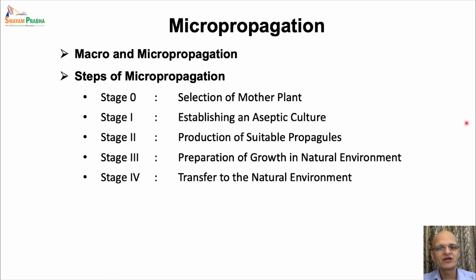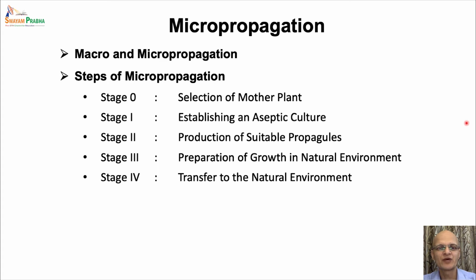Then we talked about the various stages of micropropagation that are not just the procedural steps, but represent the important checkpoints where usually change in the cultural conditions is required to initiate the next level responses.